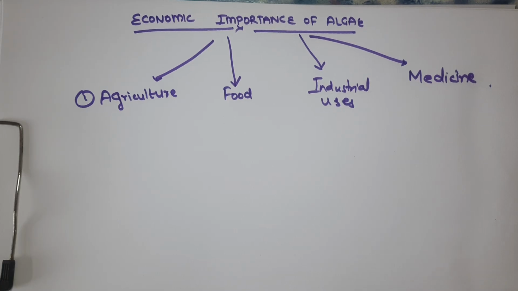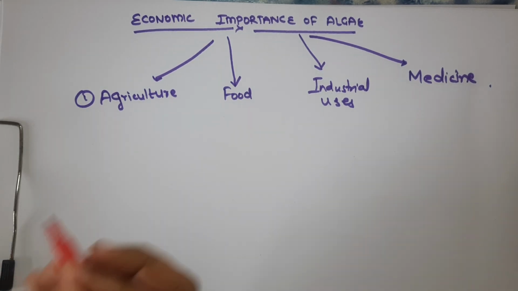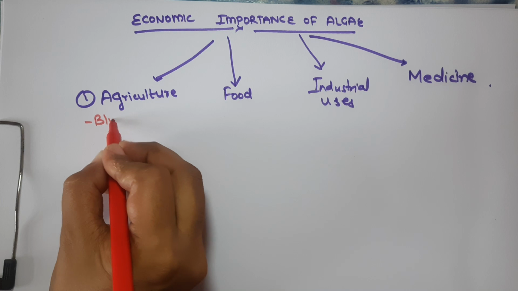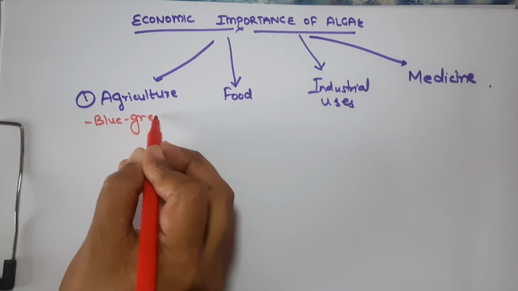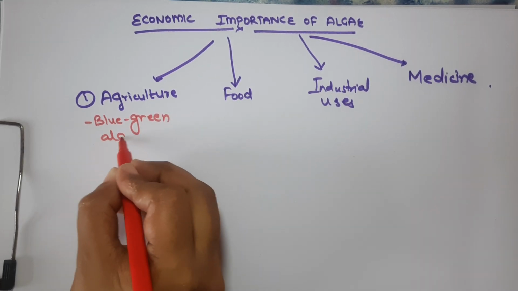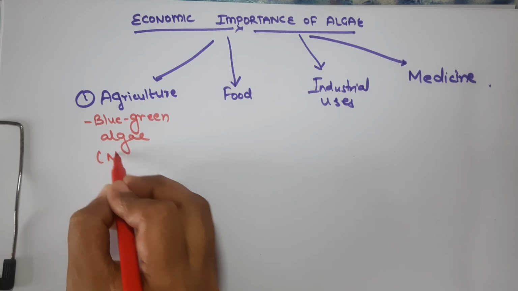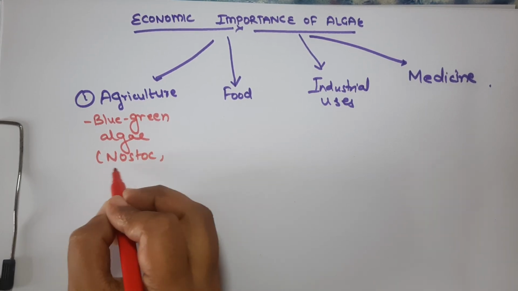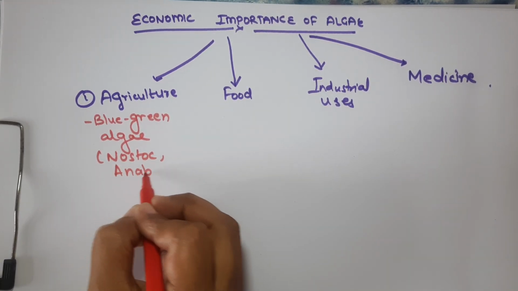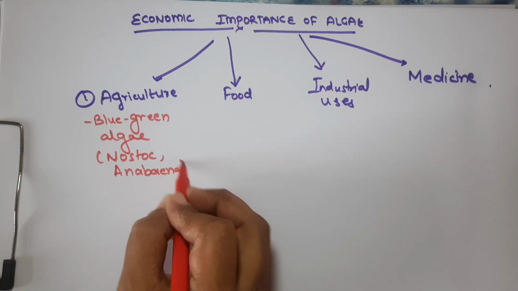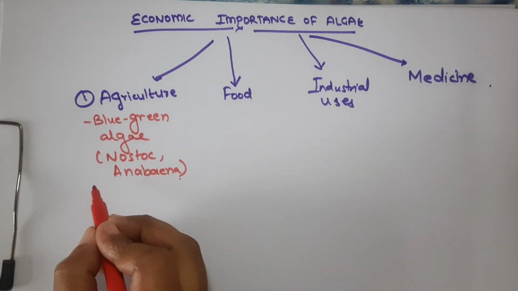In agriculture, there are certain algae like blue-green algae. Examples of the blue-green algae are Nostoc and Anabaena. They are the nitrogen fixers, students.